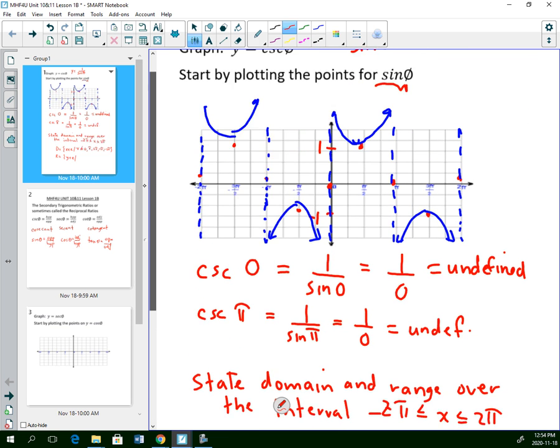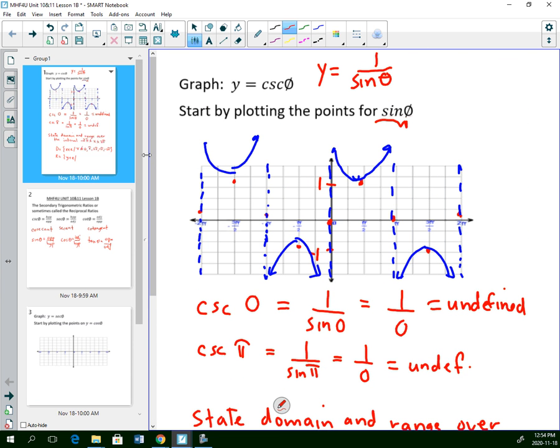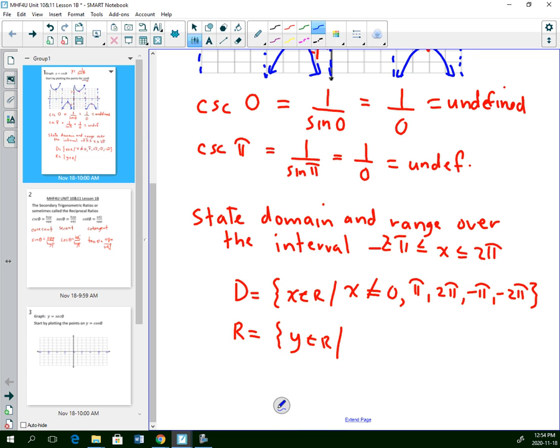But be careful with the range because we have numbers starting at 1 and going above 1, or starting at negative 1 and going below negative 1. So think about this. You cannot have a number that is above 1 and below negative 1 at the same time.